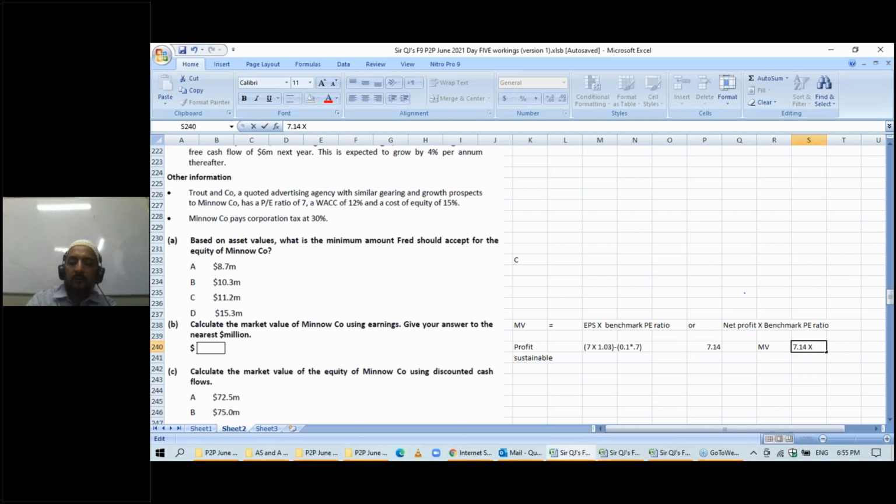So 7.14 into 7, this gives you the market price, which is 49.98 or approximately 50 million. To the nearest million, it is 50 million.